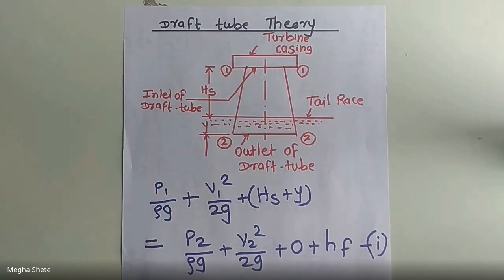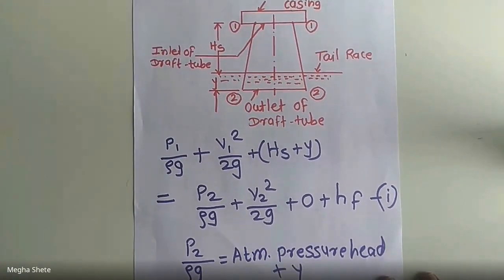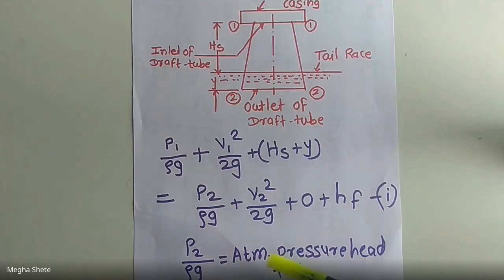What is Bernoulli's equation? In Bernoulli's equation, we consider three terms, that is pressure head, velocity head, and the datum head.